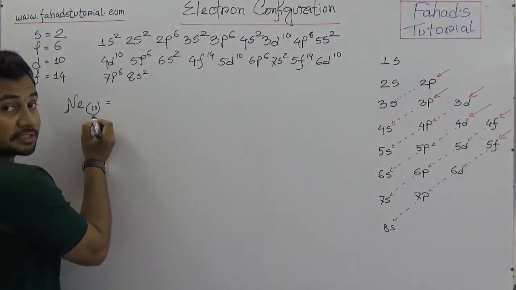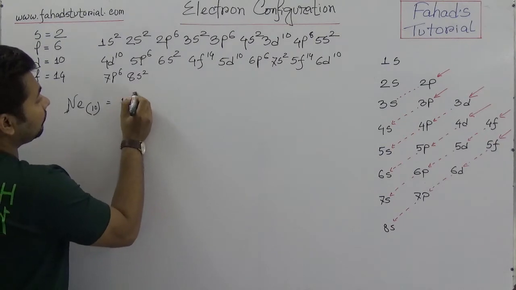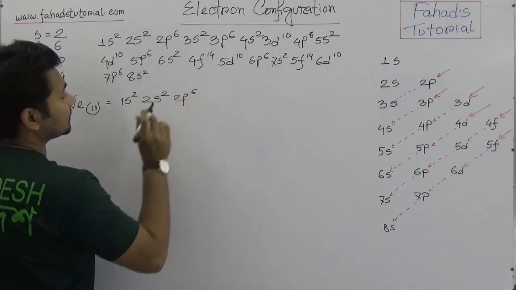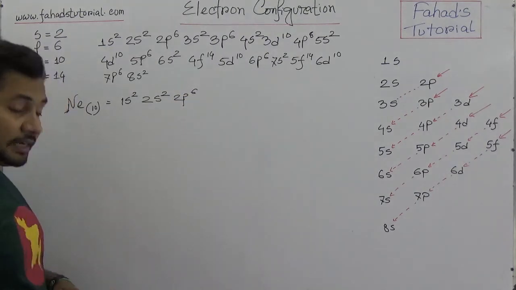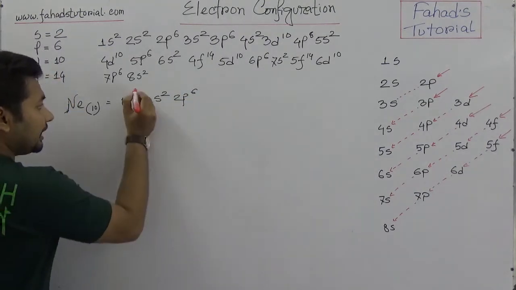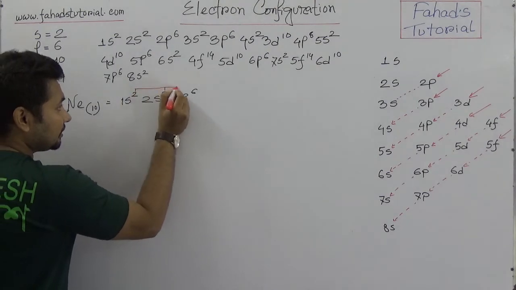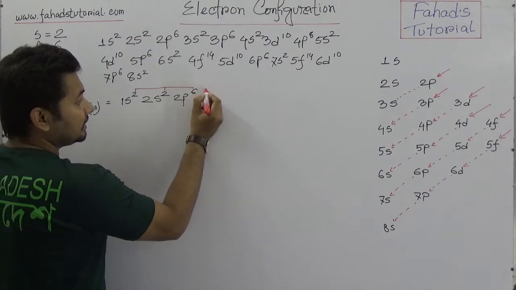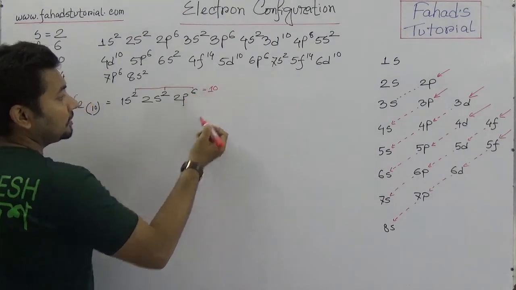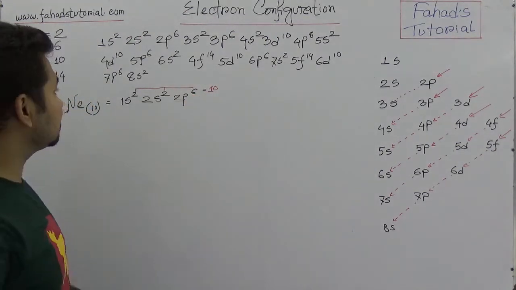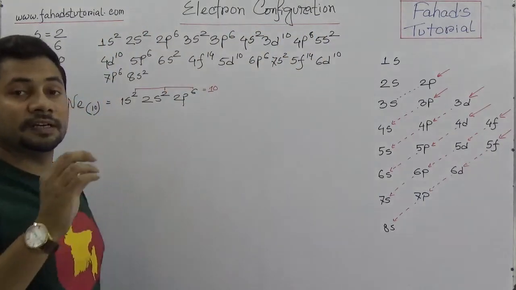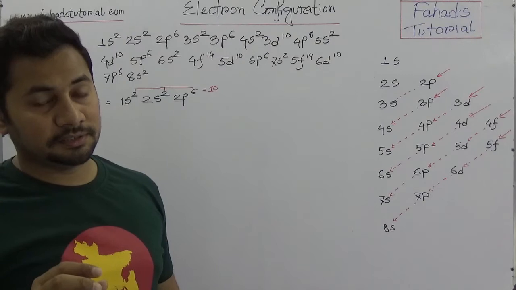The electron configuration of neon is 1s2, 2s2, 2p6, because there are 10 electrons. If we add the electrons in the orbitals, 2 plus 2 plus 6 is equal to 10. According to this order we can find the electron configuration based on the proton number.